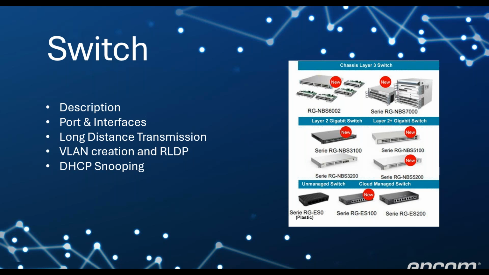As soon as you open your box, do the unboxing and connect your switches, every line of switches, every series, comes with this enabled. So you can connect two switches, and nothing bad is going to happen if you connect a second cable between two switches, because RLDP, the Reyee Loop Detection Protocol, is going to take charge of that for you. And we also mentioned DHCP snooping.